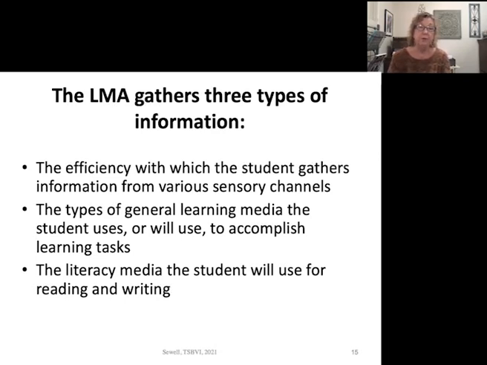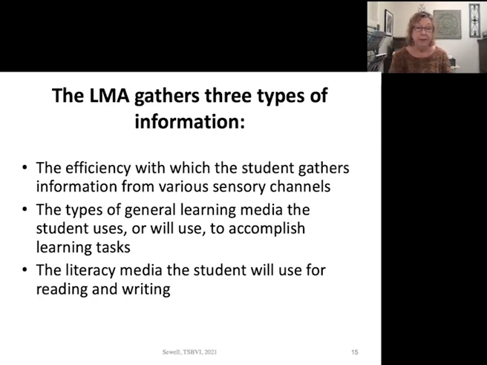It also helps you determine the types of general learning media that the student is using now or will use in the future to accomplish the learning tasks. And again, that's a little bit of information we were talking about on a previous slide. That includes the instructional materials and methods that the student needs.